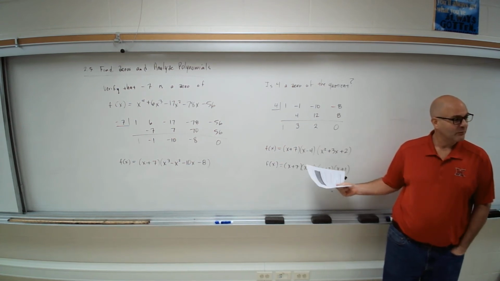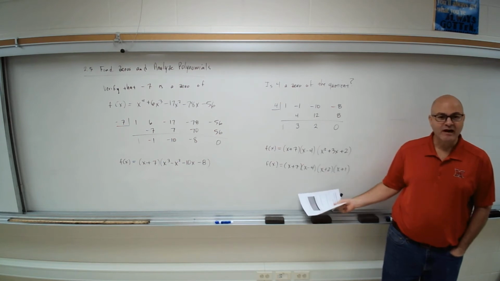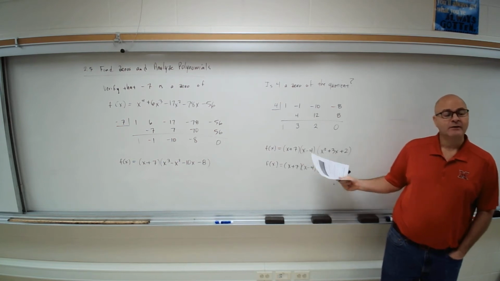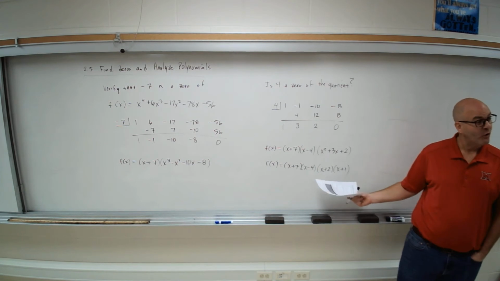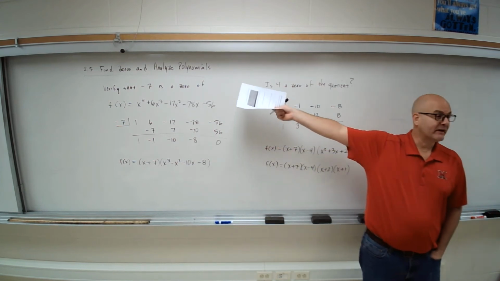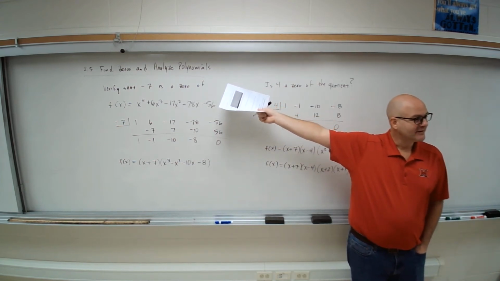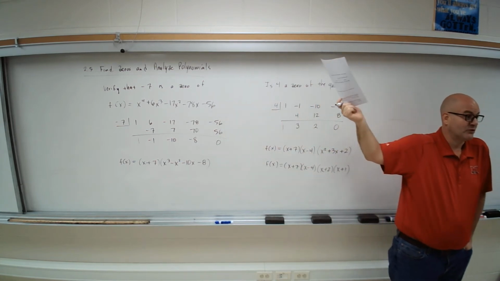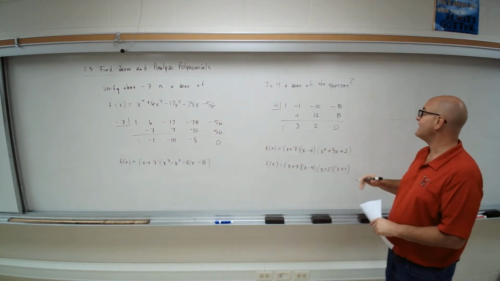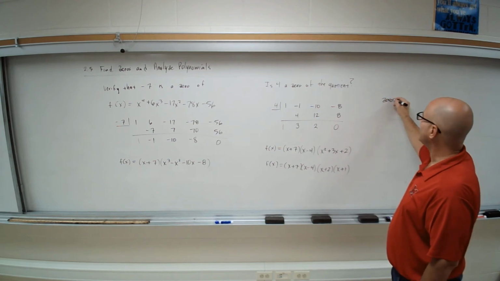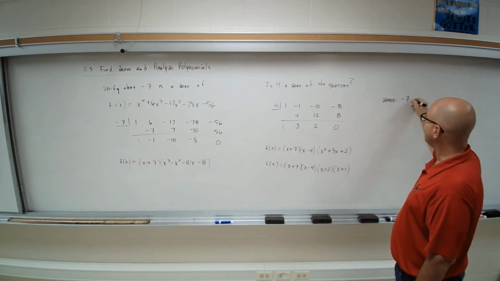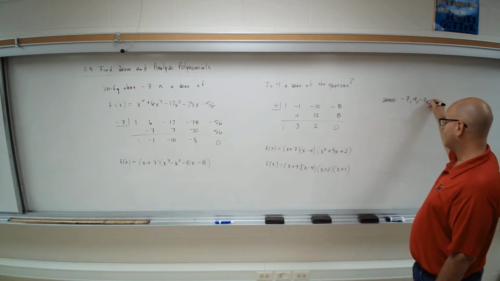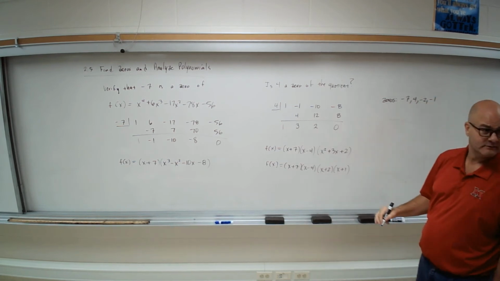It will keep you from losing stuff. It's real common with this type of problem. If people don't write this step out, they forget that -7 is a 0, because the question will say list all zeros. You list them all even if you were told they're a 0. So in this case, we would say that we have zeros at -7, 4, -2, -1.